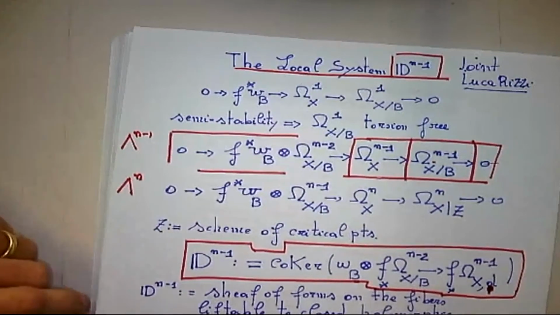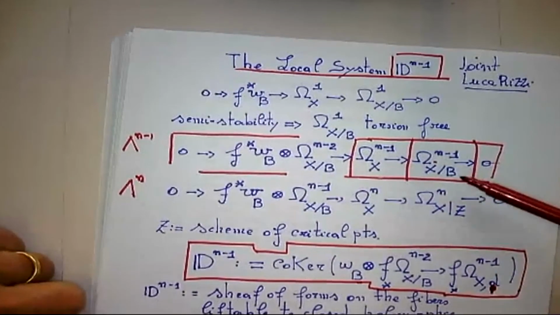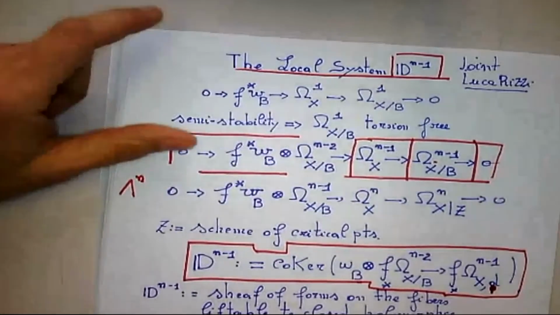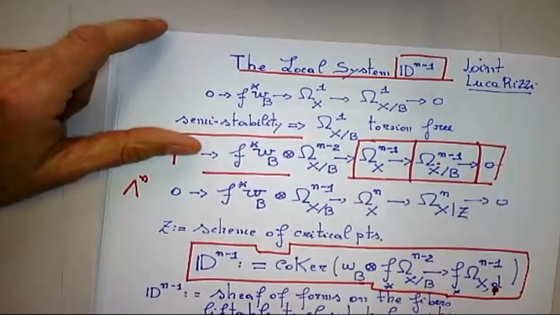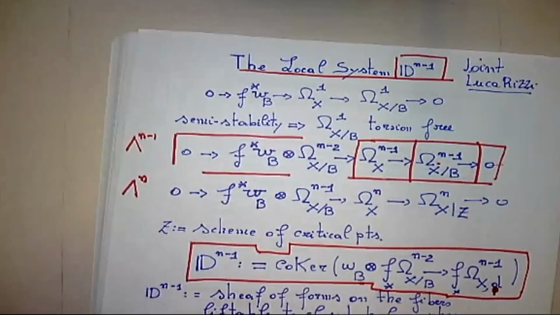Okay, and in fact, you can also see inside the relative canonical sheaf via closed relative differential n-1 forms. But I wanted you to see before on the total variety, on the total object, on X. On X, you can define a sheaf. What is this sheaf?